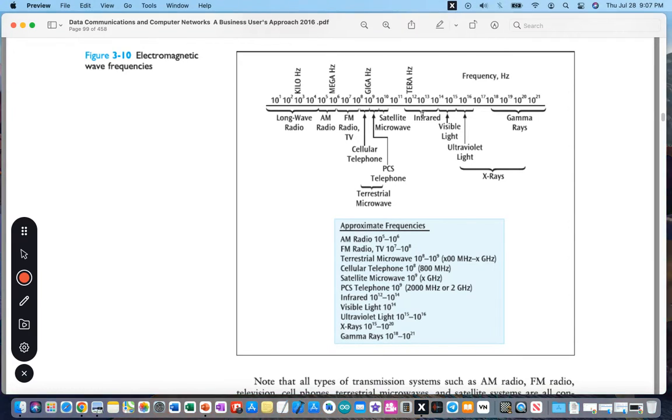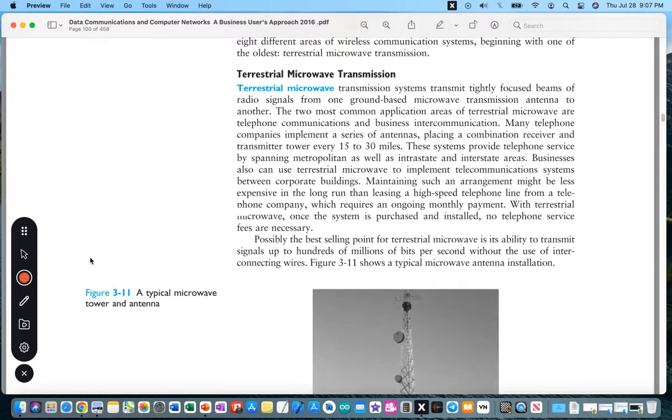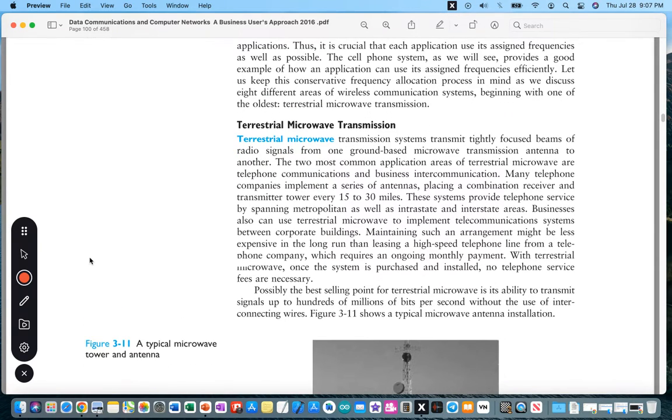And in the terahertz, we have the infrared, and we have the visible light here, and the ultraviolet here. Then we have the X-rays, and then we have the gamma rays. The approximate frequencies are written down there. We can go further in our skimming process.